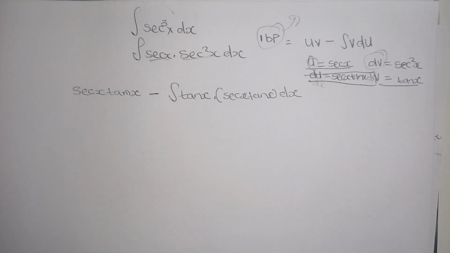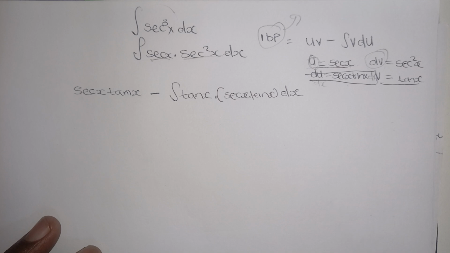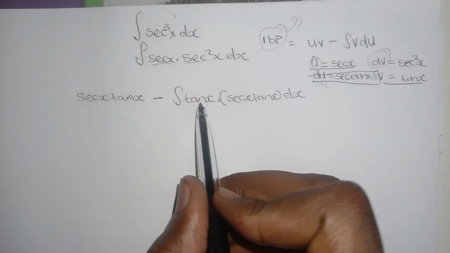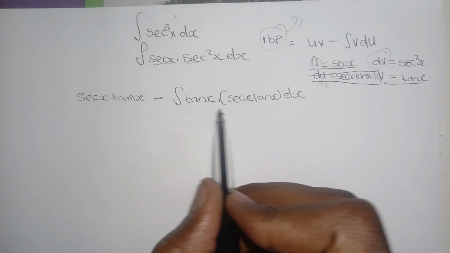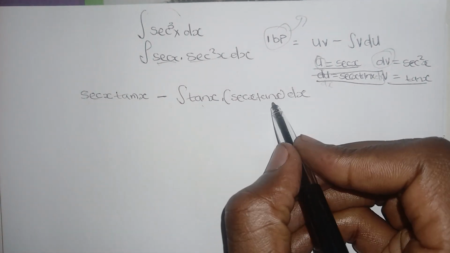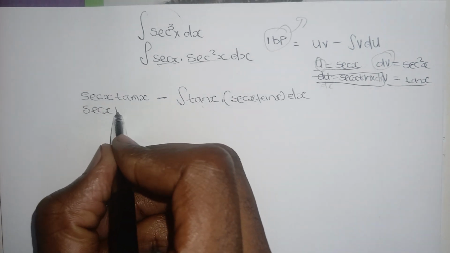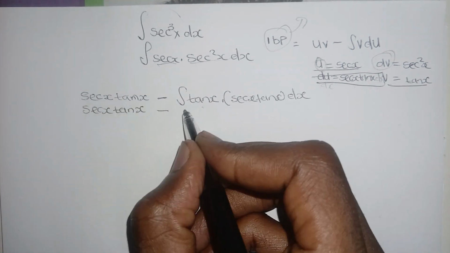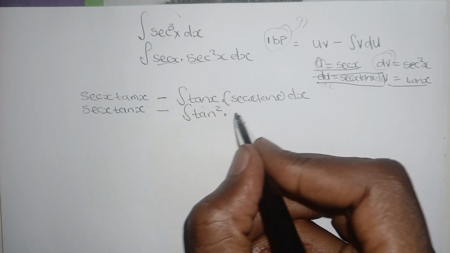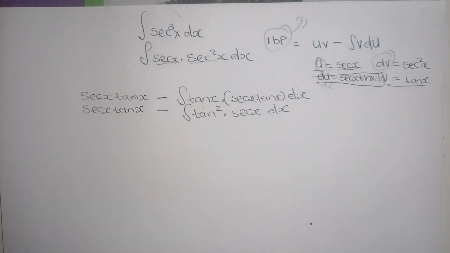Right. Now, we don't have to forget that. Now, we need to know that these things are multiplying, right? So we have to say, okay, tan x multiplied by tan x is tan square, right? So we're gonna say sec x tan x minus tan square, then secant x, then dx.